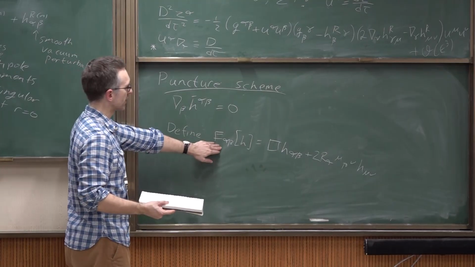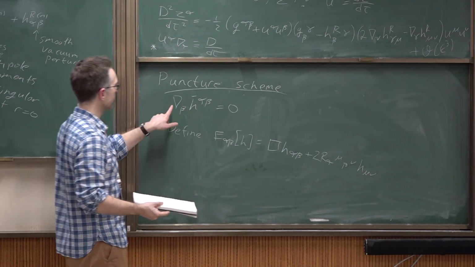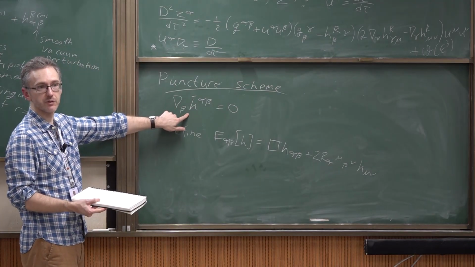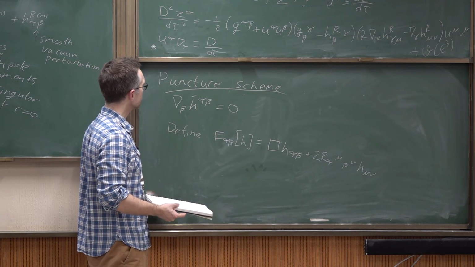So remember, in the linearized Einstein tensor, we had a minus a half multiplying all this, and we had another term that was a derivative of this, which we've now thrown away.